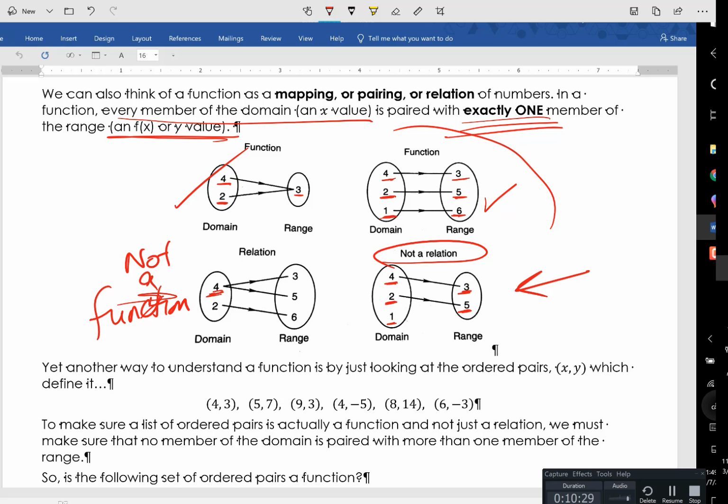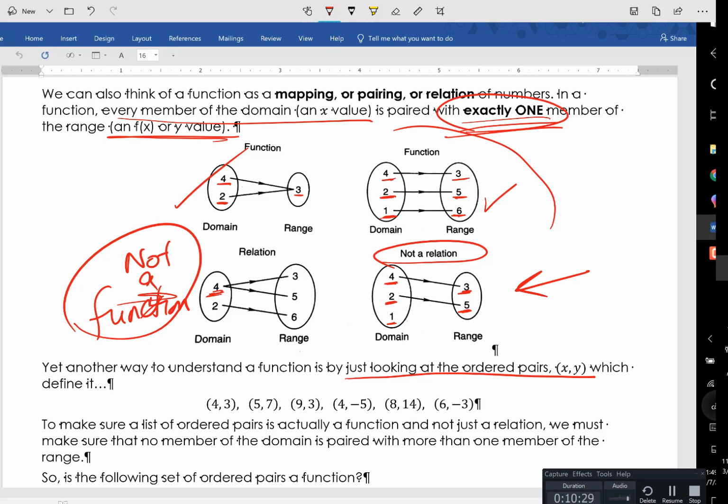All right? But the main thing to remember is that a function will be a relation so that each member of the domain is mapped to exactly one member of the range. Another way to understand a function is just by looking at the ordered pairs x, y, which define the function.